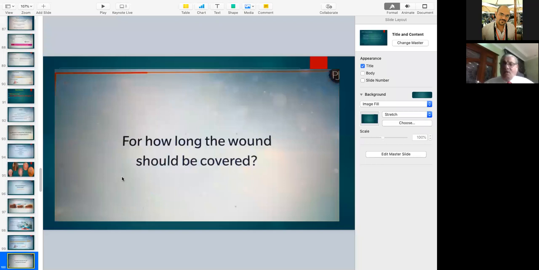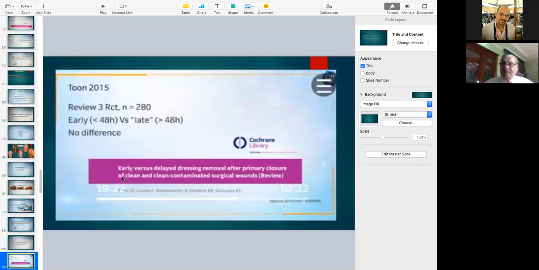Second, how long should it be covered? Sometimes we have a tradition that the water, the soap, is not going to the wound. There is literature about that, and keep it covered for 48 hours, and after 48 hours, you can uncover the wound.